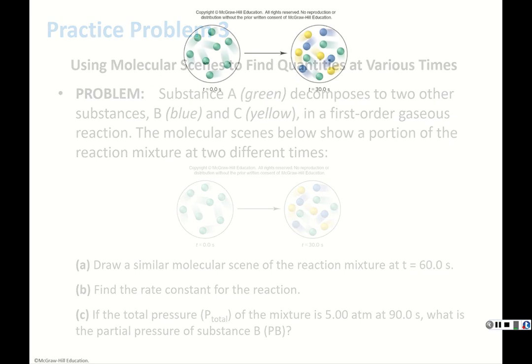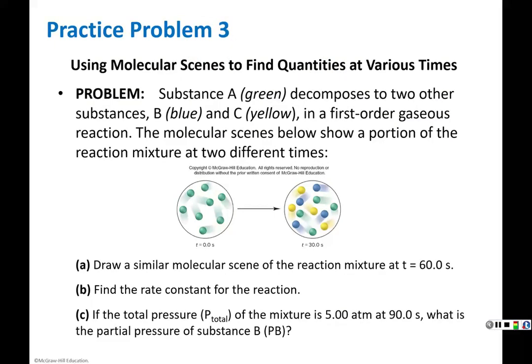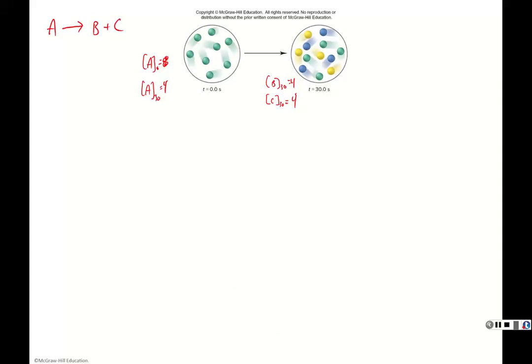So the first question, draw a similar molecular scene of the reaction at 60 seconds. That would represent another half-life. So we would have 1/2 times 1/2 times the initial concentration of A, which would be 8, so that would be 2.